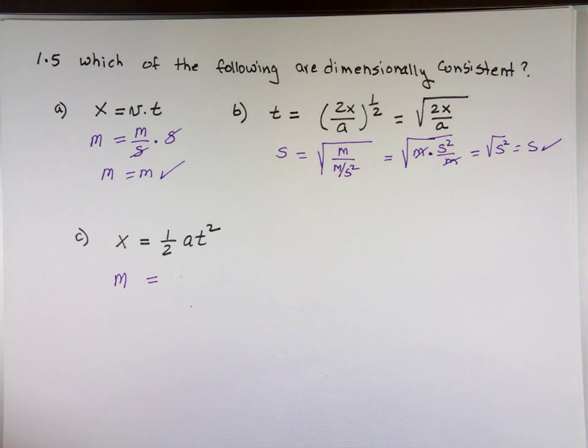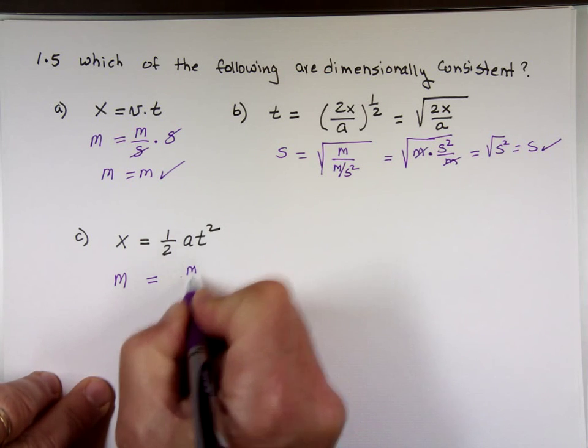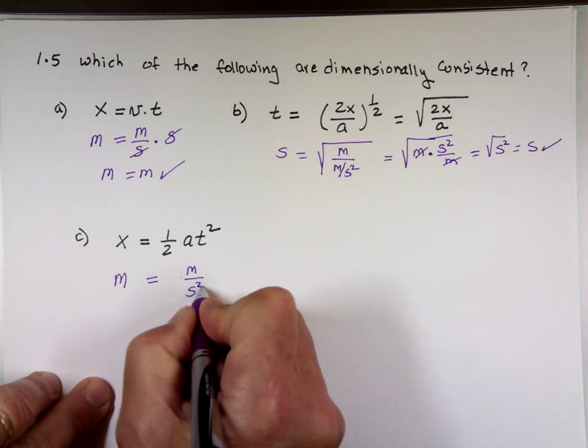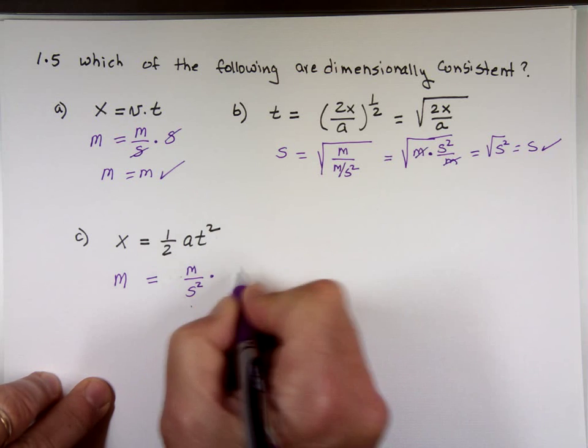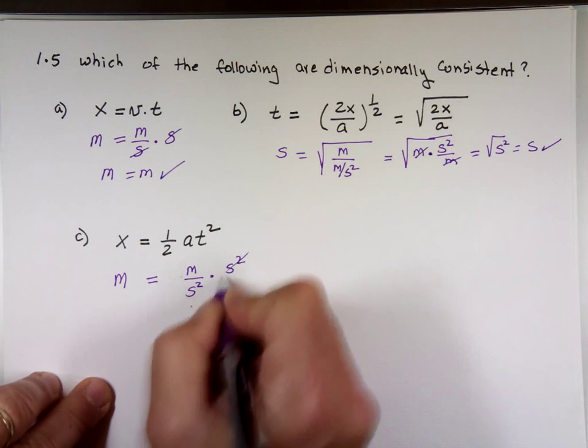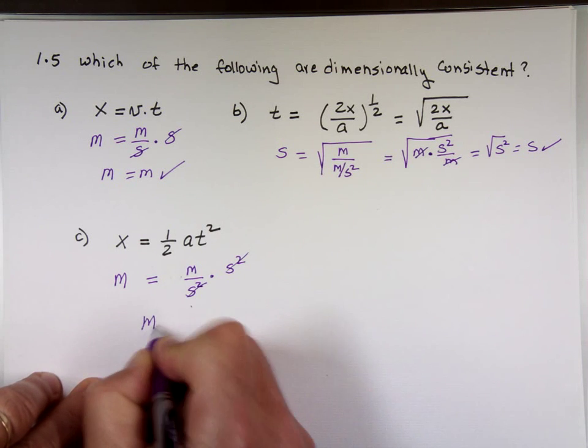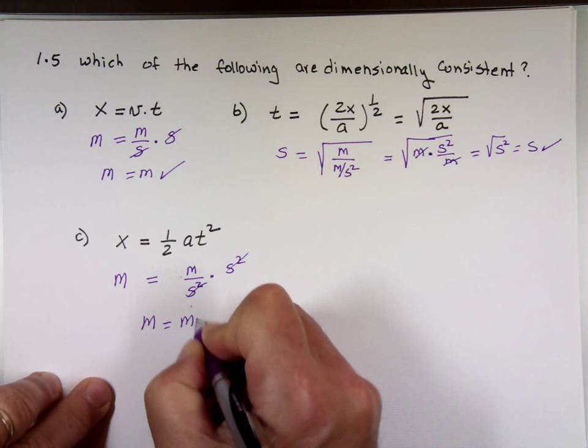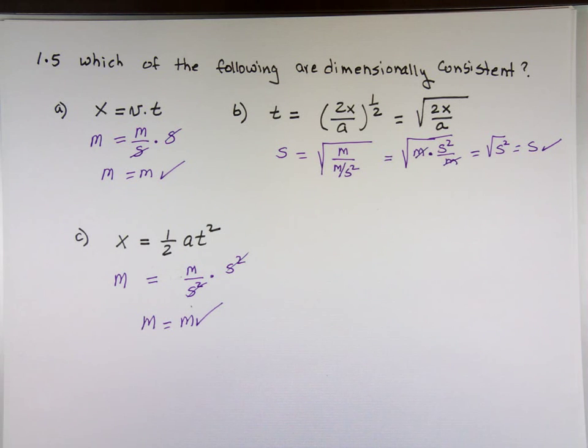The acceleration is what? Meters per second squared. t is seconds. When you square it, that's seconds squared. These will cancel each other out. And meters equals meters. And that's also dimensionally consistent. So all three of them are good. The units are matching.